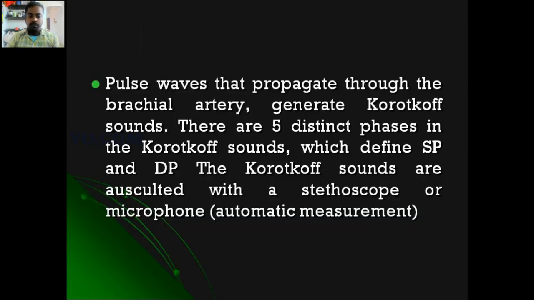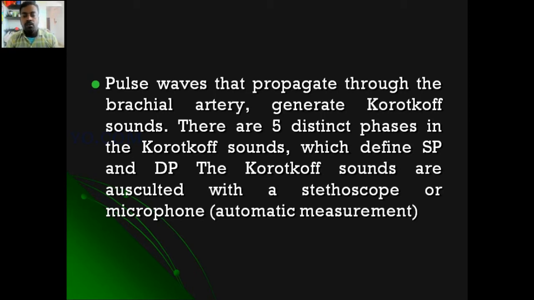Okay, right. So the pulse wave that propagates through the brachial artery generates Korotkoff sounds. There are 5 distinct phases in the Korotkoff sounds which define systolic pressure and diastolic pressure. SP means systolic pressure, DP means diastolic pressure.